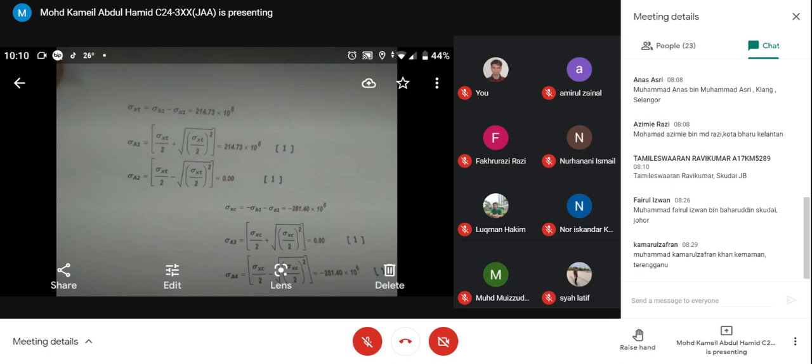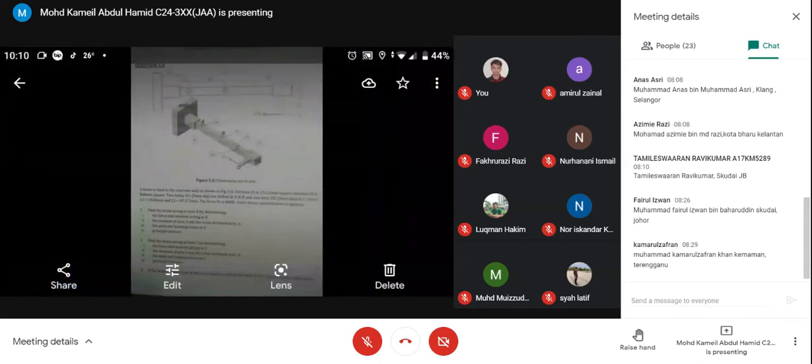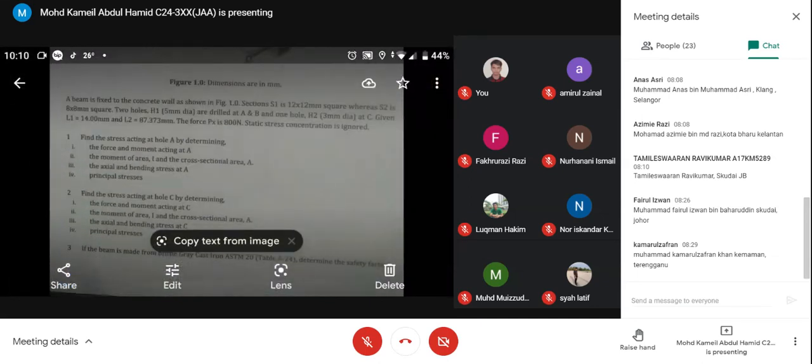Now I would like you to try to solve for yourselves. Find the stress acting at hole C, sorry, not hole B. B is the same, only the distance differs. Now you have about 40 minutes.